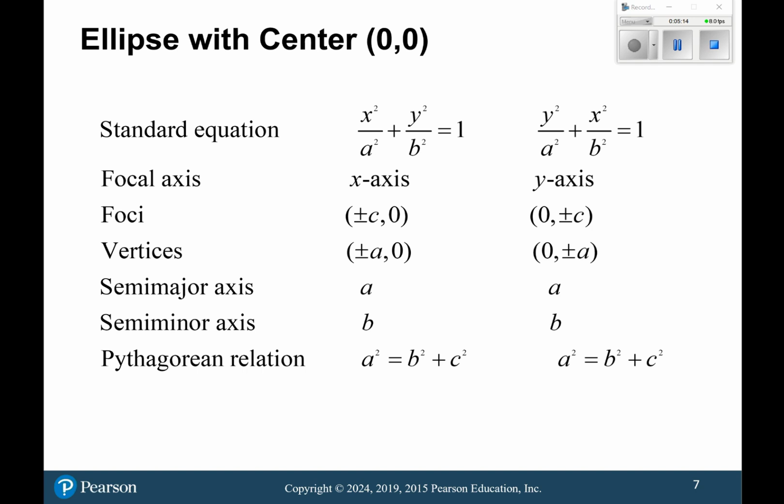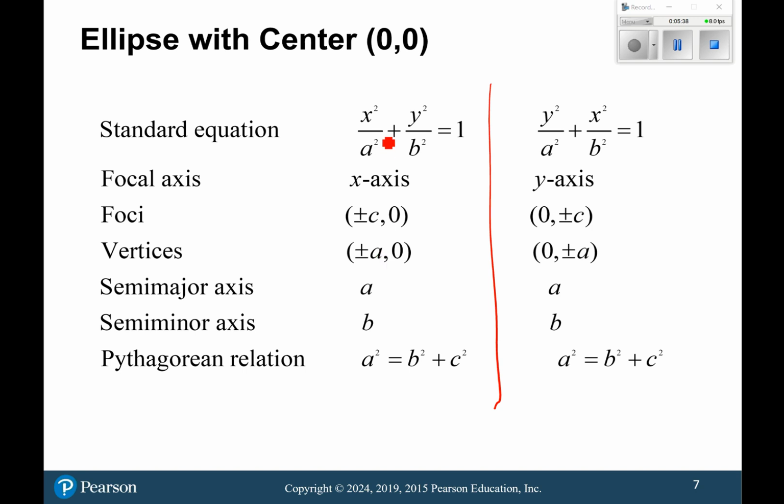Now again, as I kind of warned you, the first one here, if the focal axis is horizontal, that's what we're talking about with the first column.